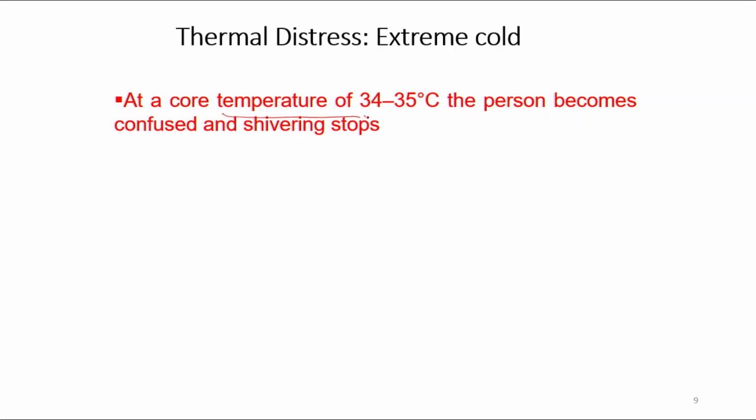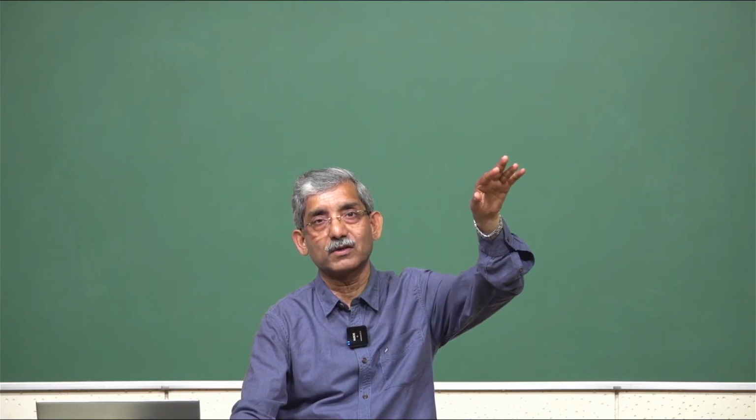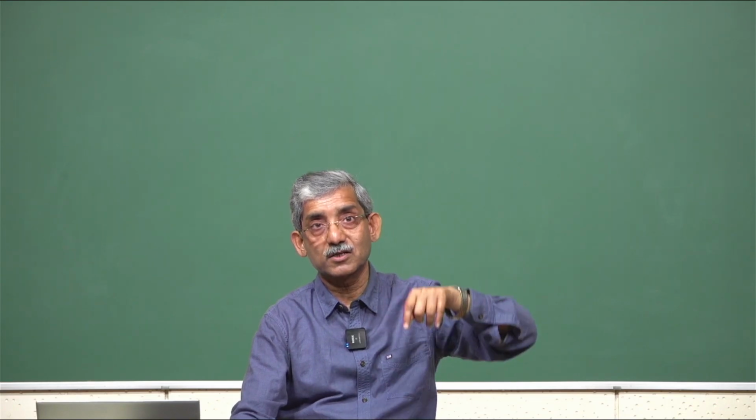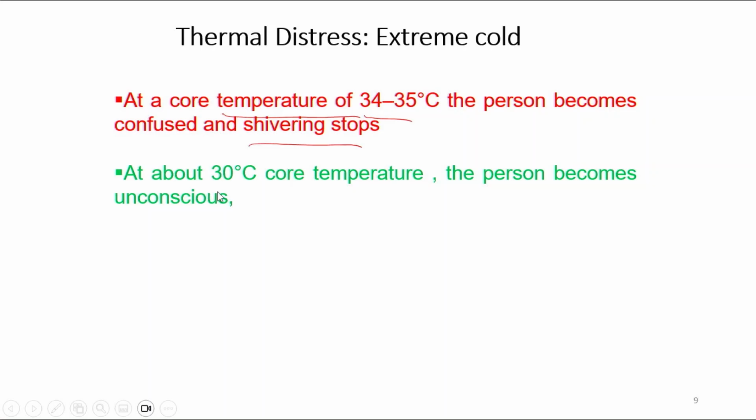If it becomes 34 to 35 degrees Celsius, the person becomes confused and shivering stops. Shivering will be there when the body core temperature is close to 35 or 36 degrees Celsius, but shivering will start stopping. It will stop at about 30 degree core temperature.